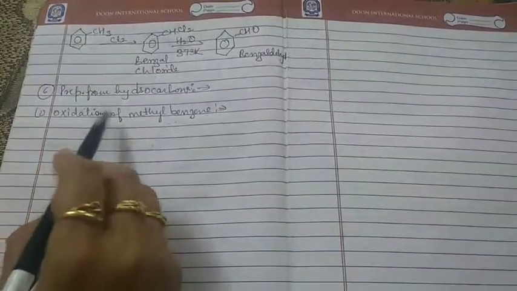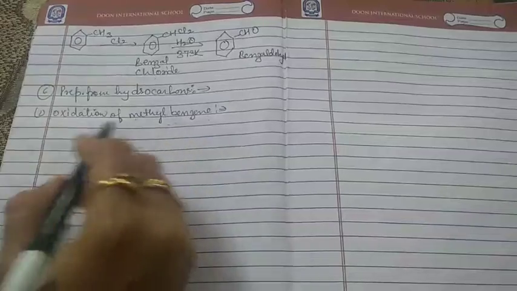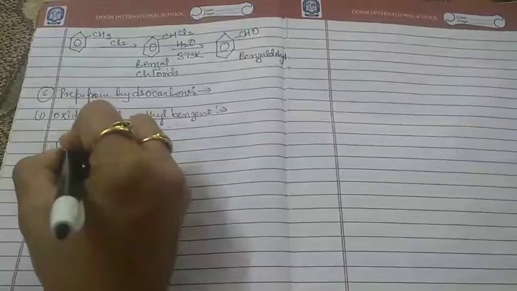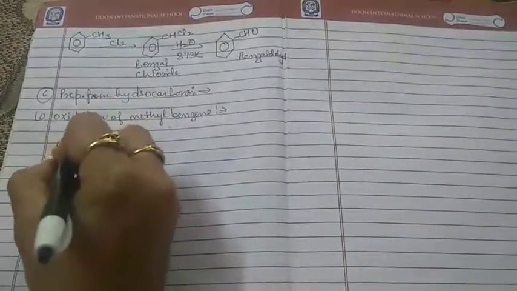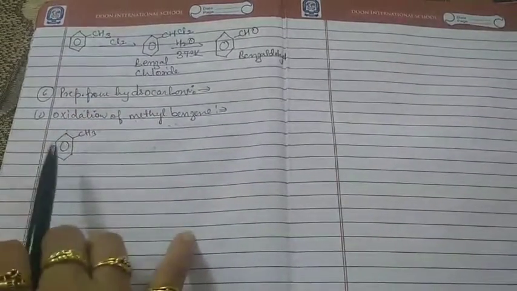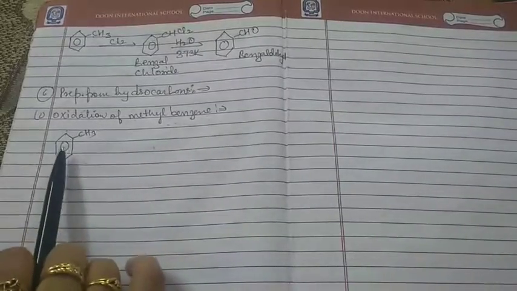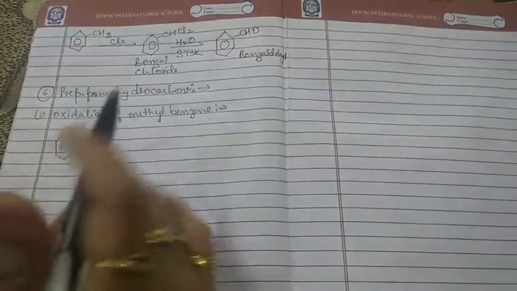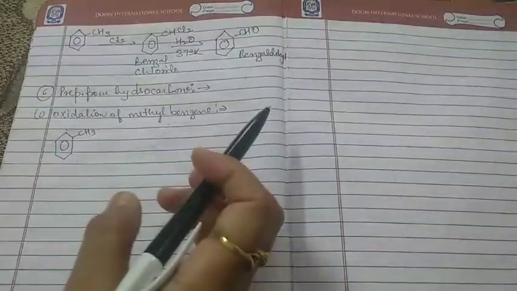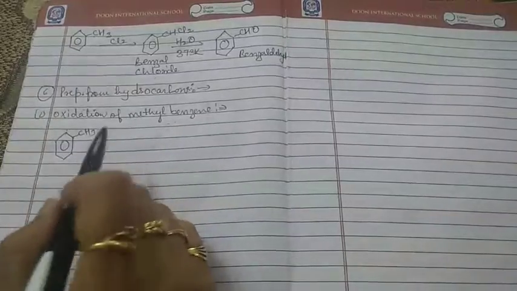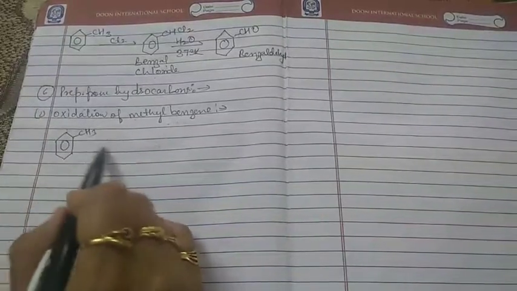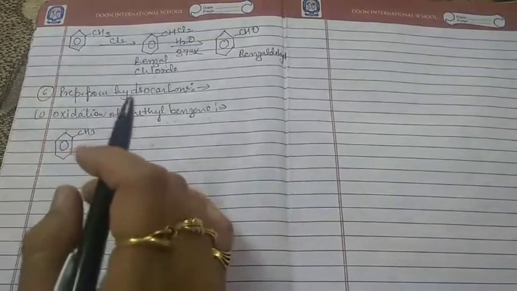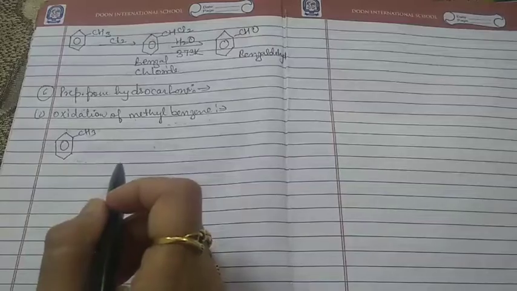A strong oxidizing agent oxidizes toluene. This is the structure of toluene, that is CH3 on the benzene ring. A strong oxidizing agent oxidizes toluene and its derivatives to benzoic acid, which is a carboxylic acid, but it is possible to stop the oxidation process at the aldehyde stage, because here we want benzaldehyde as the product.